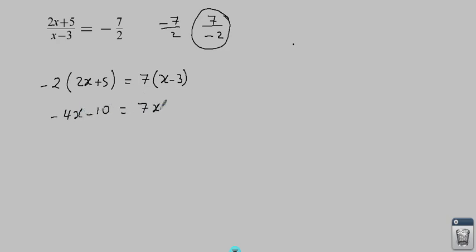Equals 7x minus 21. Collect the x terms, let's say on the left hand side. We get negative 11x equals negative 11. So x equals negative 11 divided by negative 11, which is 1.